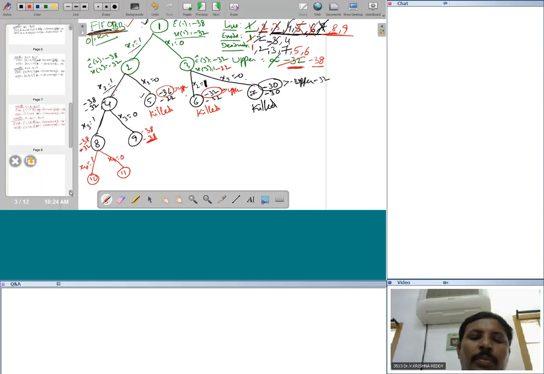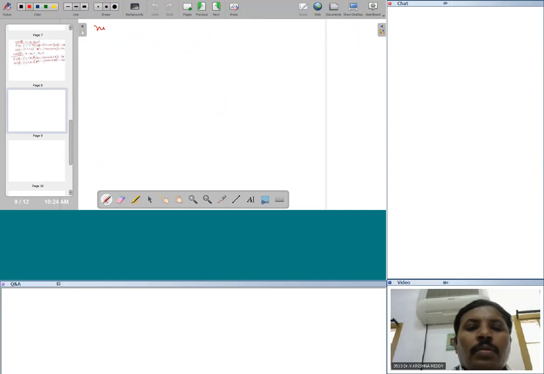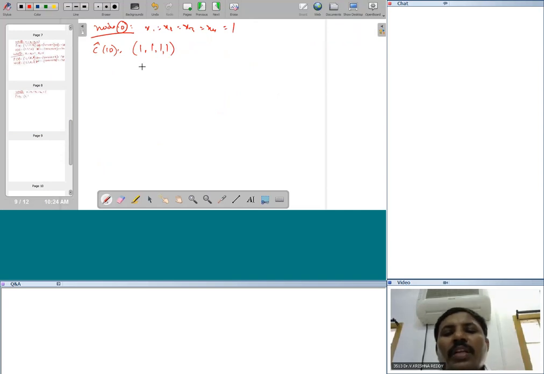Node number 10. The status is that all the objects x1, x2, x3, x4 are ones. If all objects are ones, what is the C cap of 10? Is it possible to place them in the knapsack? What is the knapsack capacity? 2 plus 4 plus 6 plus 9, all objects selected. The result is 12 plus 9, 21.